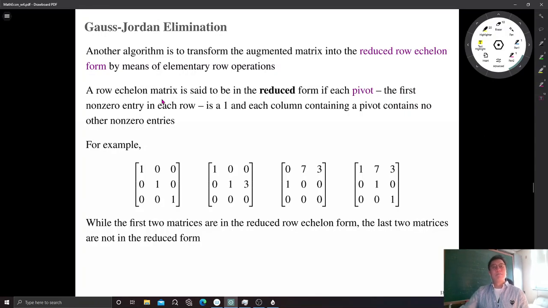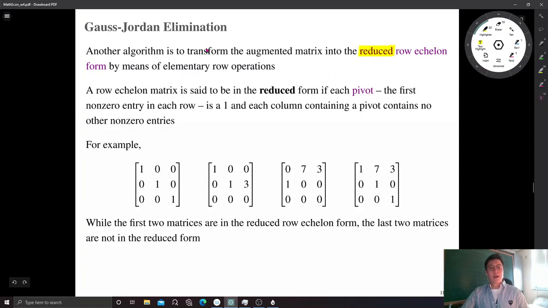Okay? But now for this Gauss-Jordan elimination, we have to transform the original matrix into the reduced row echelon form. So as the word reduced suggests, we have to simplify that row echelon form a little bit further.